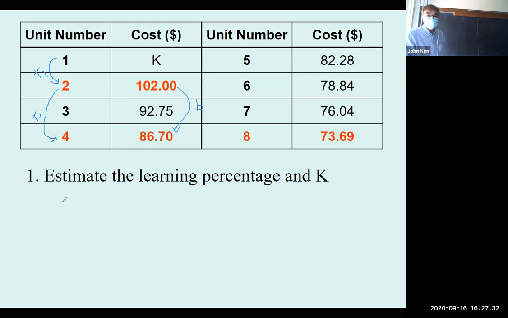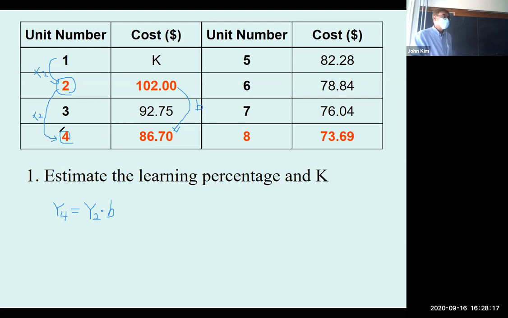So, y second, let's say y fourth equals y second doubled, when it's doubled from 2 to 4, times B. Am I right?